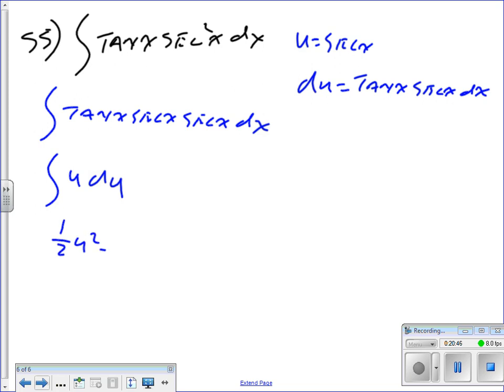And then, because I have to do the evaluating, put it back in: 1/2 secant squared x, and evaluate it from negative pi over 4 to 0. You'll end up with the same numeric answer when you're done.